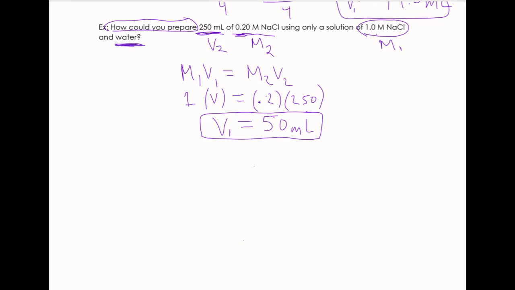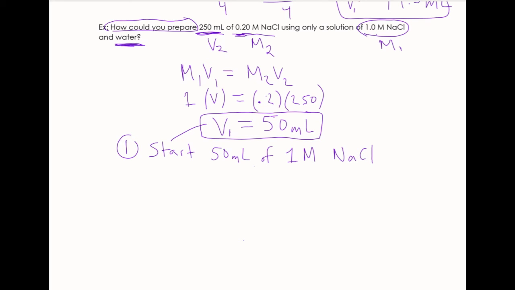So what that means actually is that is the volume that we are going to start with. So that is going to be the volume of that NaCl original 1 molar solution. Okay, so the directions in terms of lab would be to start with 50 milliliters of 1 molar NaCl.